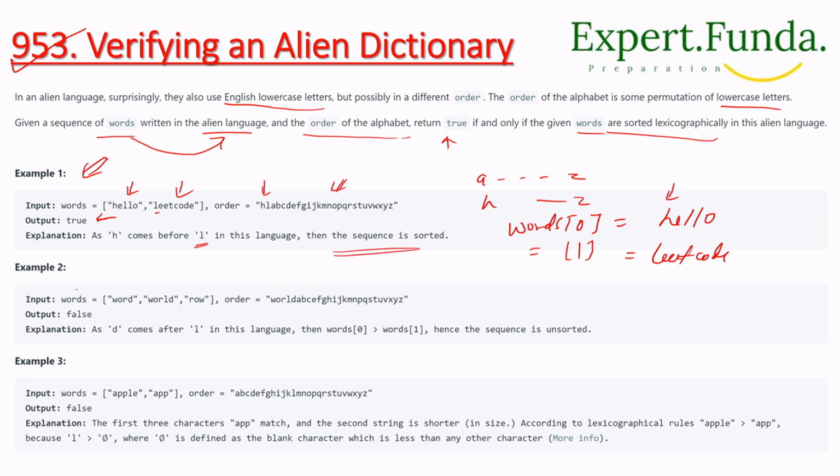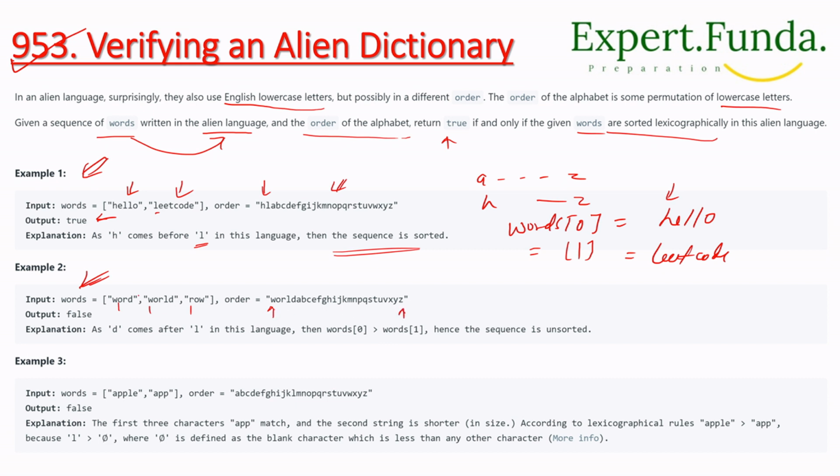Similarly, if you see example 2, we have word and row, right? In this case, W and R we have in these words. In this alien language, the order starts with W and goes to Z, right?